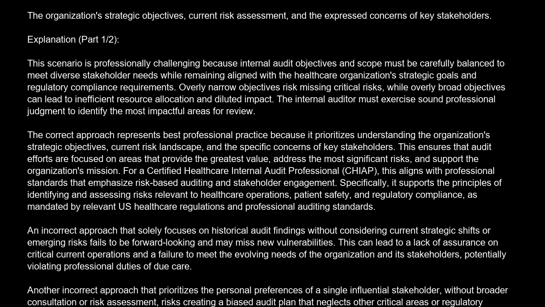An incorrect approach that solely focuses on historical audit findings without considering current strategic shifts or emerging risks fails to be forward-looking and may miss new vulnerabilities. This can lead to a lack of assurance on critical current operations and a failure to meet the evolving needs of the organization and its stakeholders, potentially violating professional duties of due care.